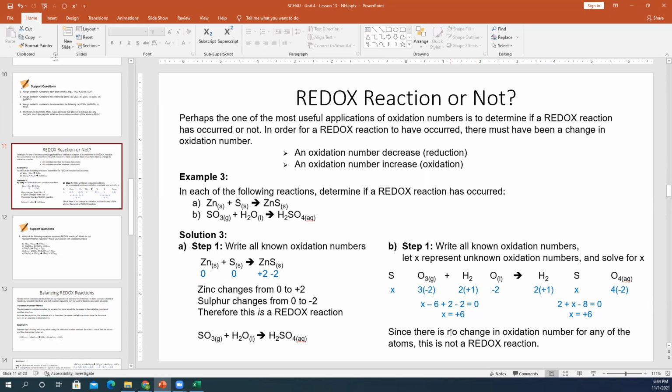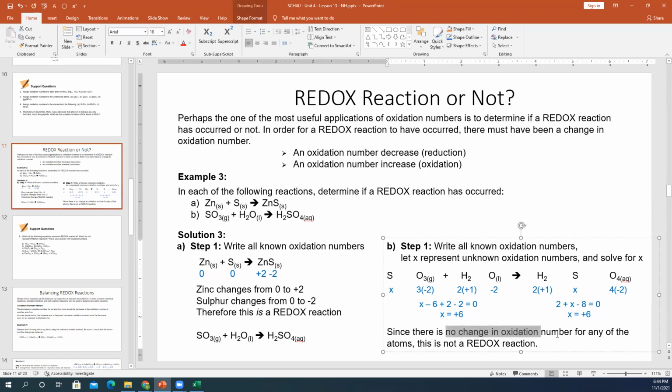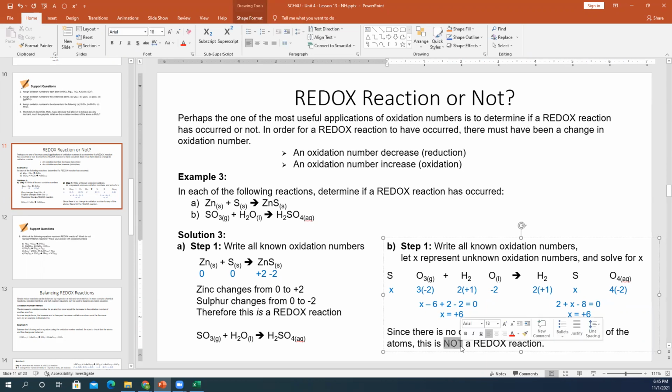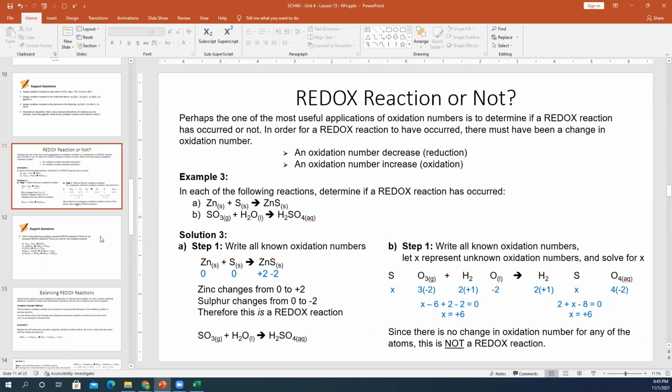There is no change in the oxidation number for any of these atoms, not for sulfur, not for oxygen, and not for hydrogen. So therefore, this one is not a redox reaction. So by figuring out the oxidation numbers, if you notice that there is no change, then this is not a redox reaction, okay?